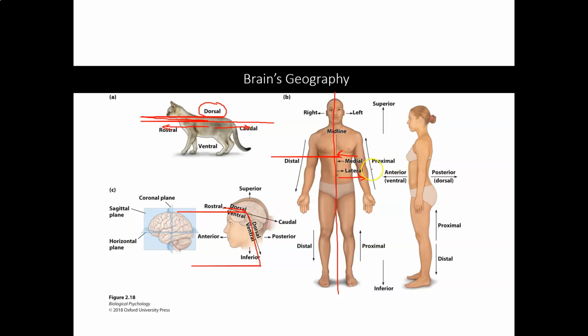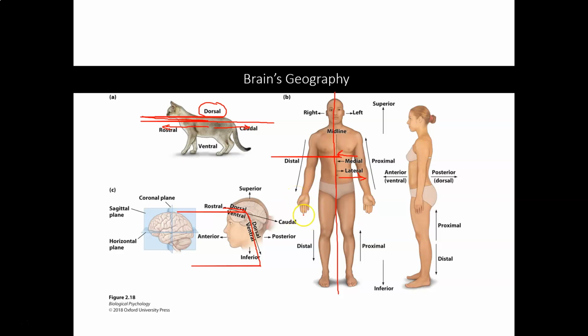But just so you're aware, proximal and distal refer to the trunk. Just like everything prior is relative to this midline, proximal and distal are relative to the trunk of the body. So when something is proximal, it's closer to the trunk of the body. When something is distal, it's further away from the trunk of the body.